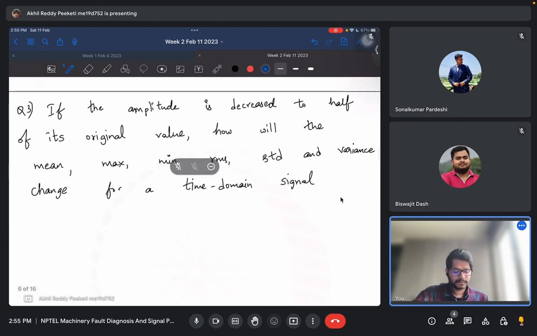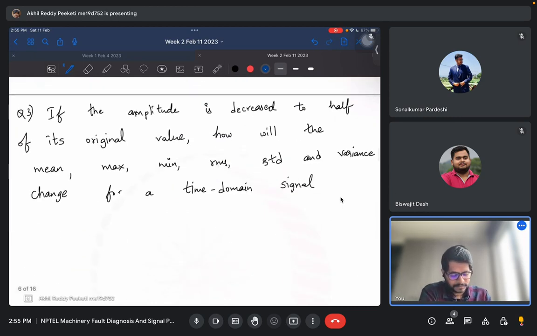So the third question: if the amplitude is decreased to half of its original value, how will the mean, maximum, minimum, RMS, STD and variance change for a time domain signal? What they did was change the amplitude to half of its original value.